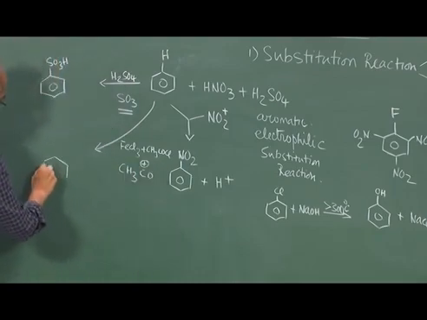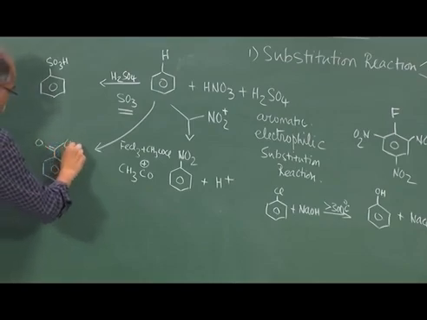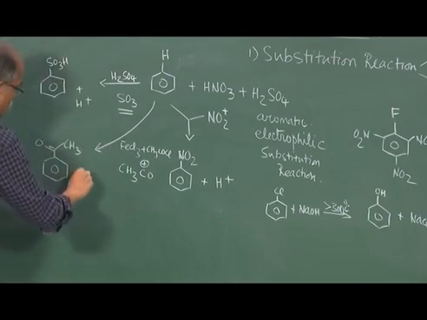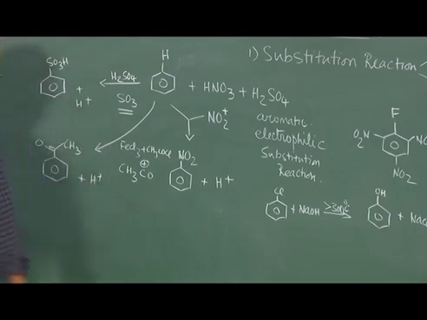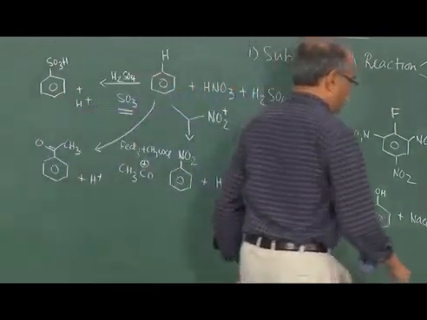So, this will undergo electrophilic substitution reaction to produce acetophenone as the product. In all of these cases, a proton is released during the course of the reaction. So, there are several examples of the substitution reaction that we have discussed during the last 15 minutes or so.